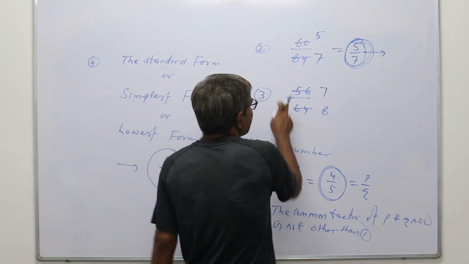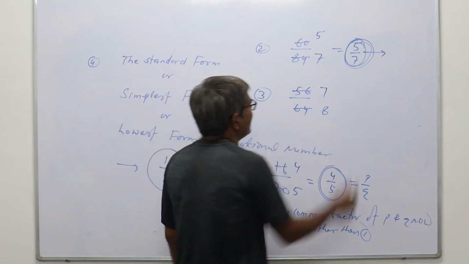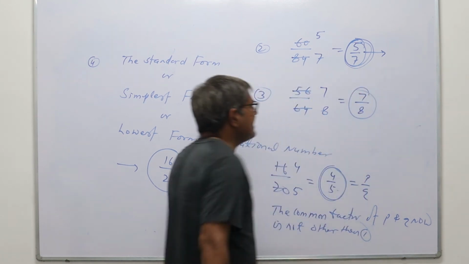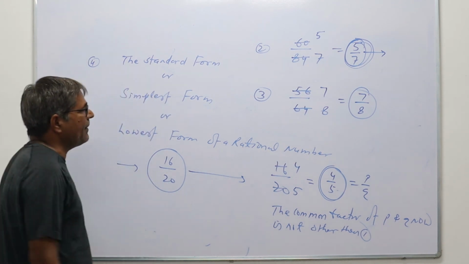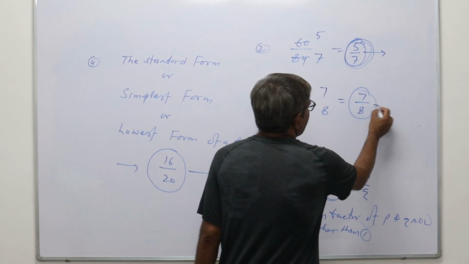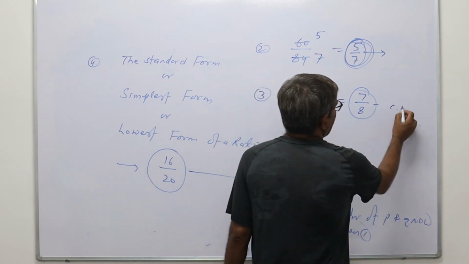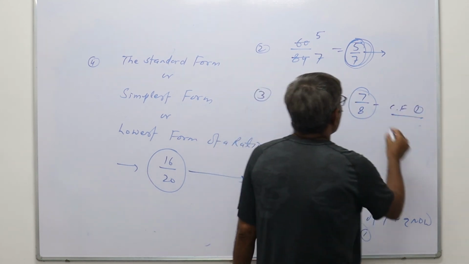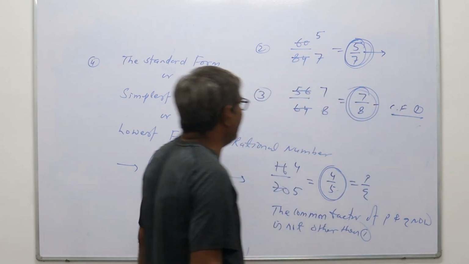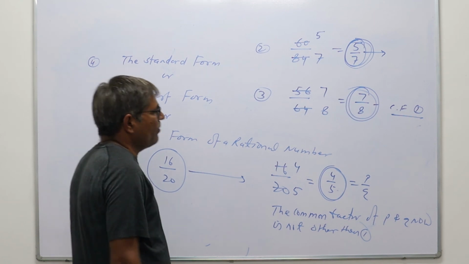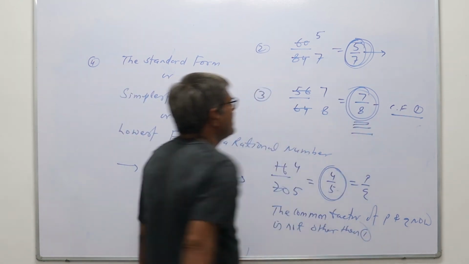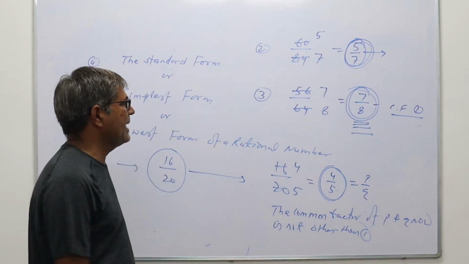So this 56 by 64 is reduced to 7 upon 8, and 7 upon 8 is the rational number in which numerator and denominator have the common factor as 1. So if the common factor of the numerator and denominator is only 1, then this form will be the lowest or simplest or standard form of the rational number.